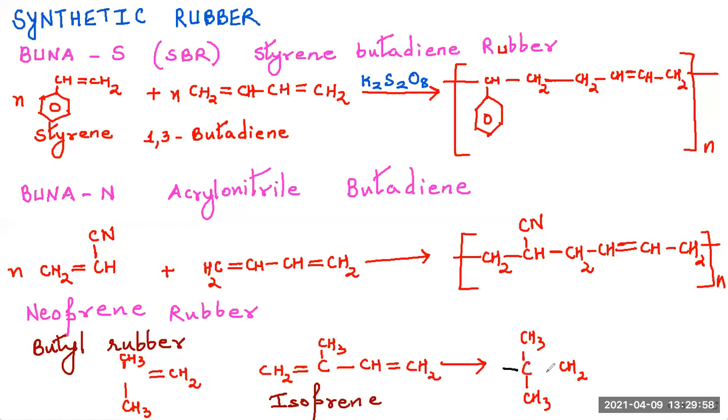So here C and here C. Correct? 2 sigma. Through this, who will join? This will join, isn't it? So I am making it CH2. Pi bond becomes single.